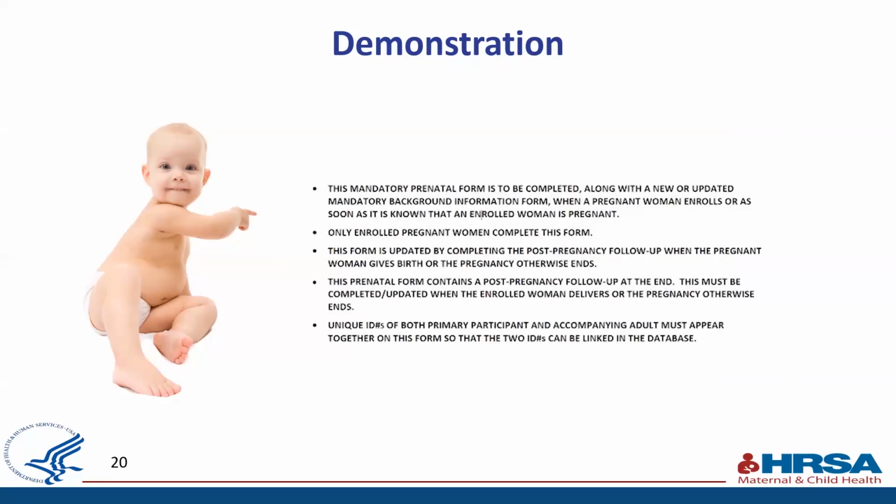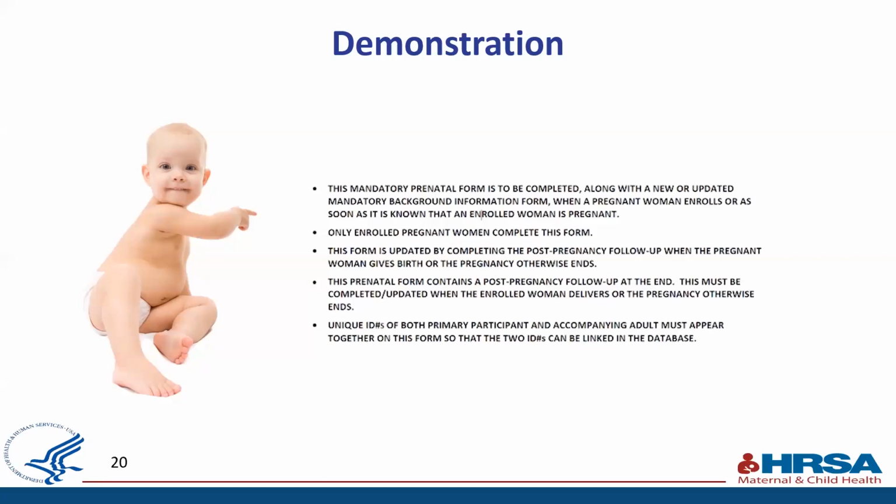This next section contains important information about who should complete the prenatal form. Remember, the prenatal form should be completed along with a new or updated background information form when a pregnant woman enrolls in Healthy Start or as soon as an enrolled woman finds out she is pregnant. This form contains a post-pregnancy follow-up section at the end.